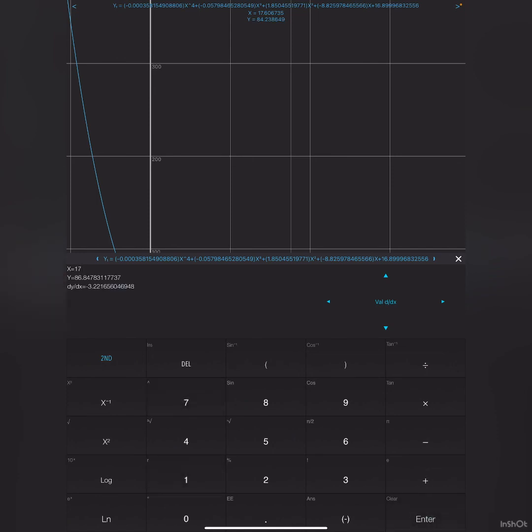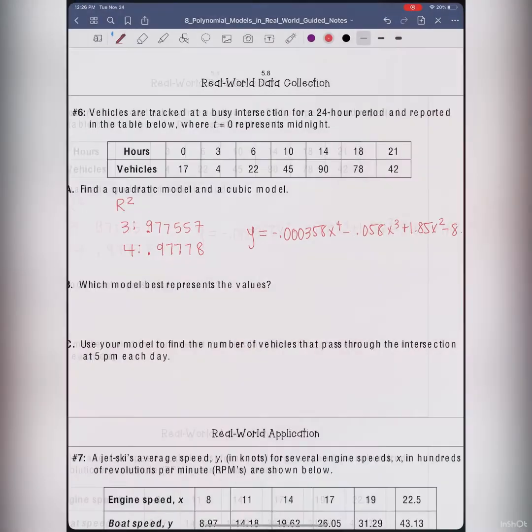And press enter. Yes, it does. Thank goodness. Okay, so the y value at 17 is 86.8. We're going to round this up. We have whole cars. So about 87 cars go through that intersection at 5 p.m. So let's write that in.